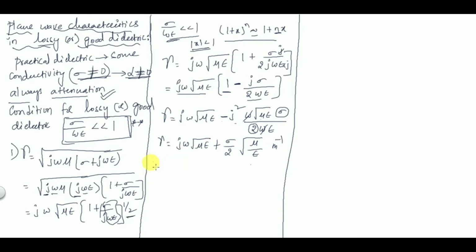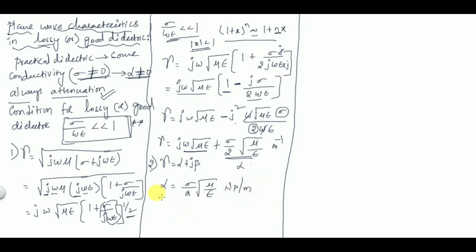Once you get the value of gamma, gamma is equal to alpha plus j beta. This is the value of alpha because it is the real term, and this is the value of beta because it is the imaginary term. So alpha is equal to sigma by 2 root of mu by epsilon Nepers per meter.